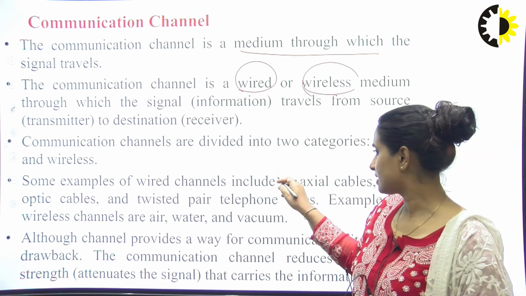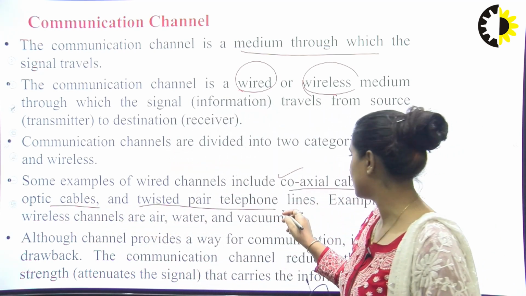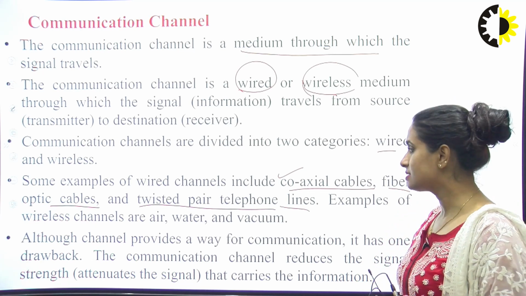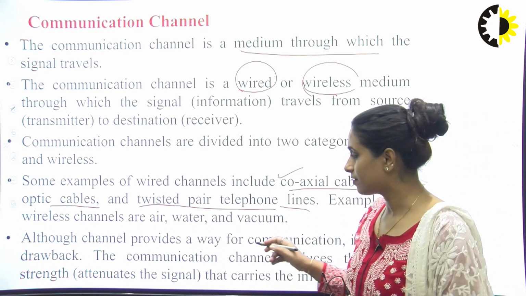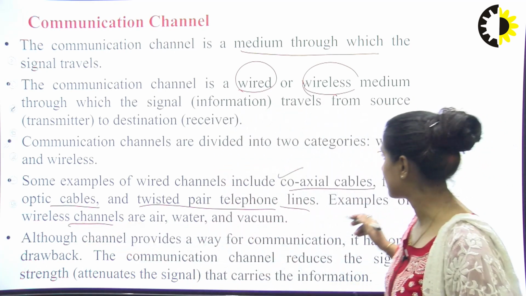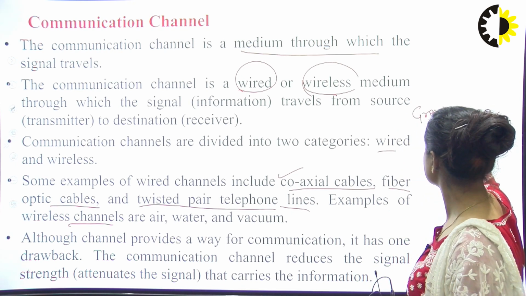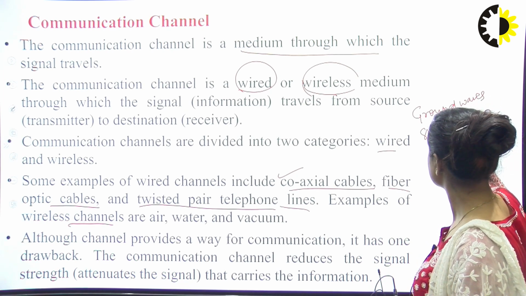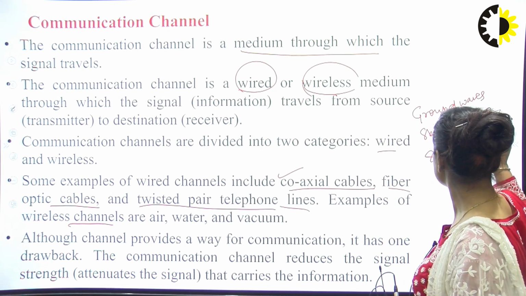Wired channels include coaxial cable, fiber optic cables, twisted pair cable and telephone lines, right? Whereas for wireless channels, I can again classify them into ground waves, sky waves or space waves based on the frequencies.